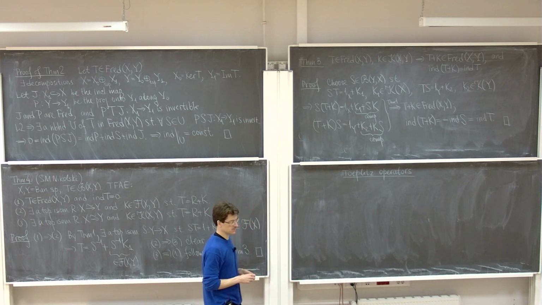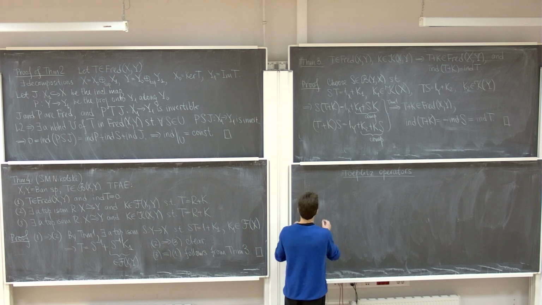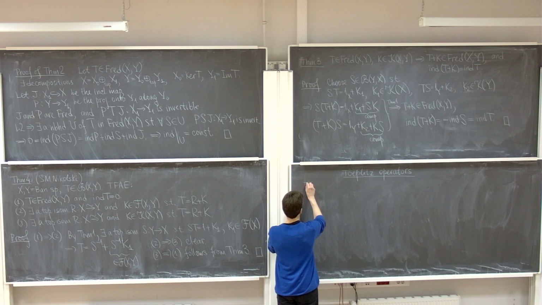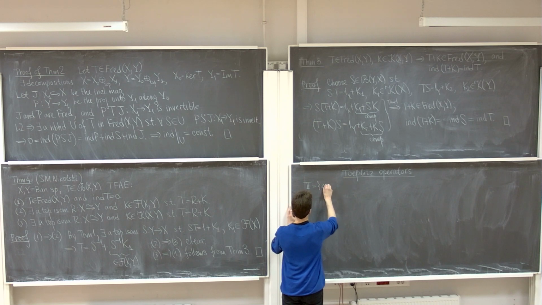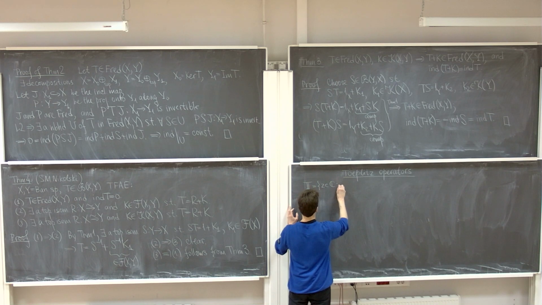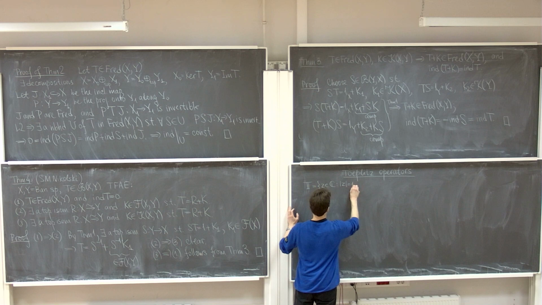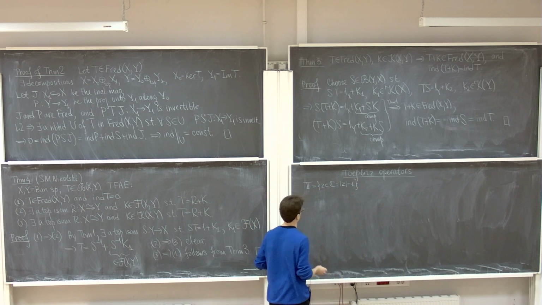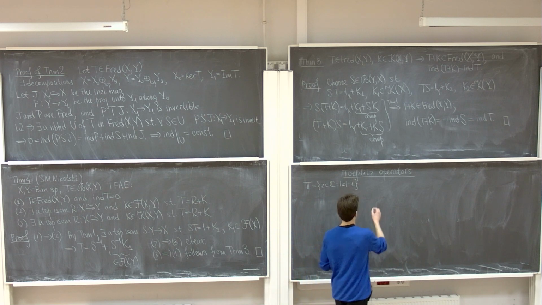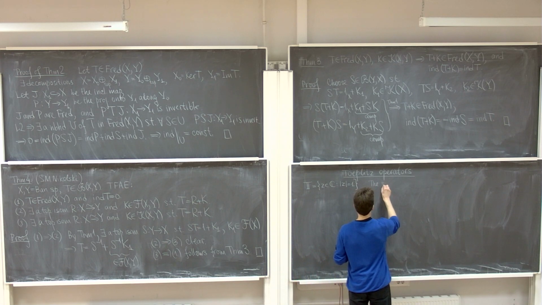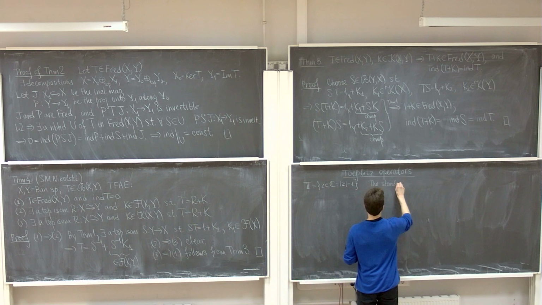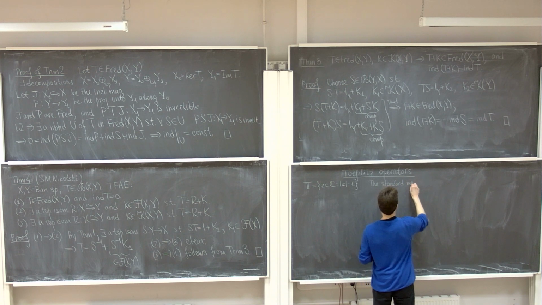So let's introduce some notation. First of all, we denote by bold T the unit circle on the complex plane, centered at 0. There is a canonical measure, the standard measure of the circle.